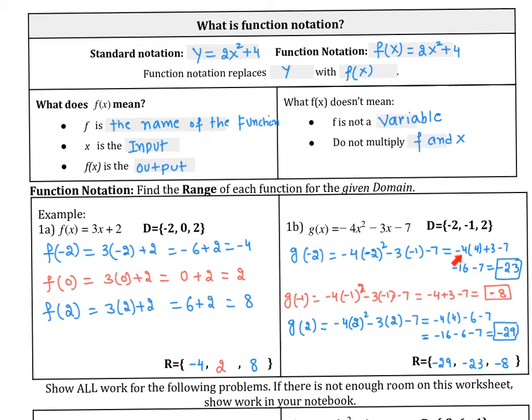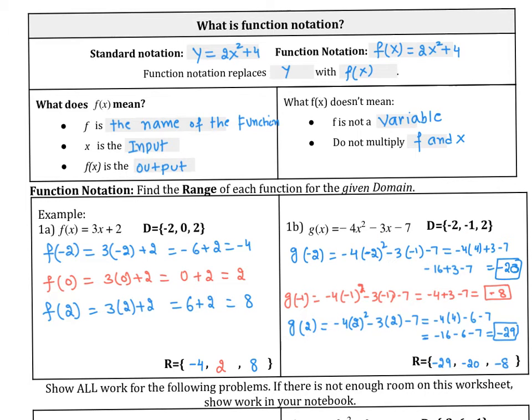Remember, (-2) squared is going to be 4, and negative times negative would be plus 3, minus 7. So -4 times 4 is -16 plus 3 minus 7. When you combine these numbers, you get -20.